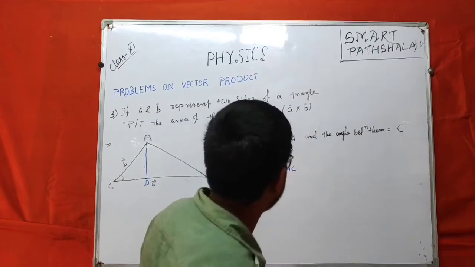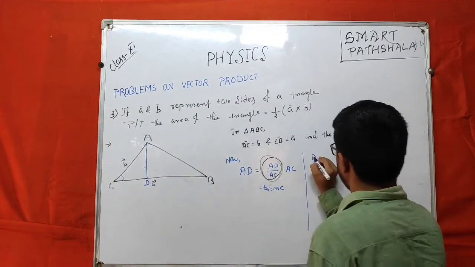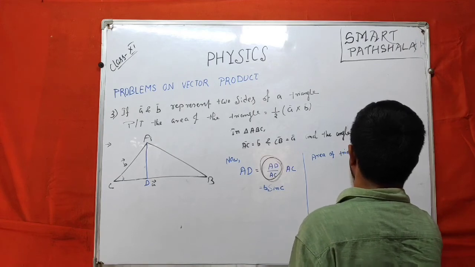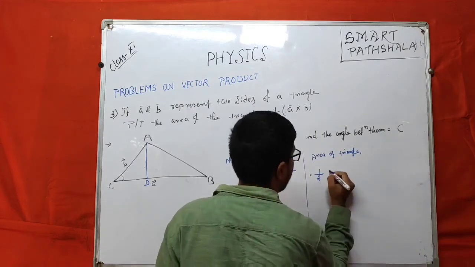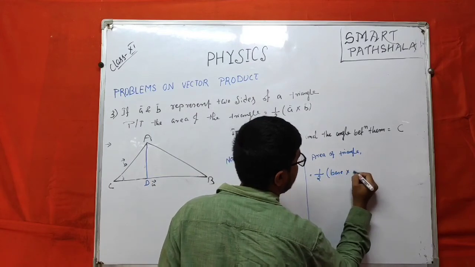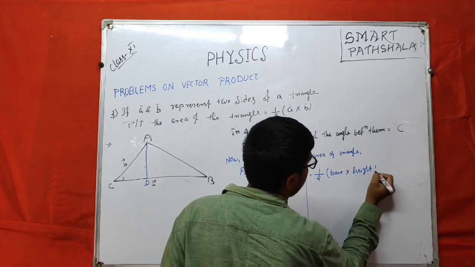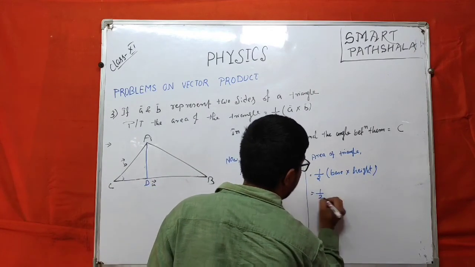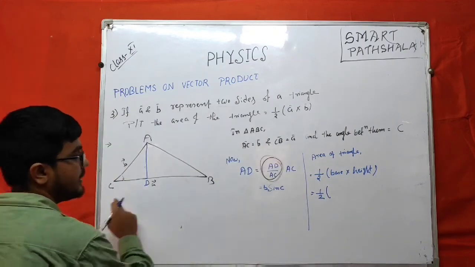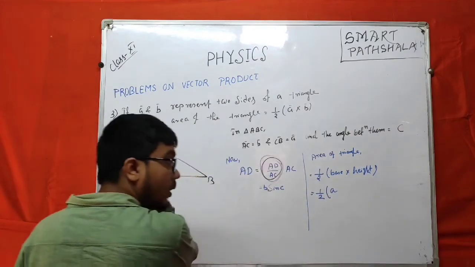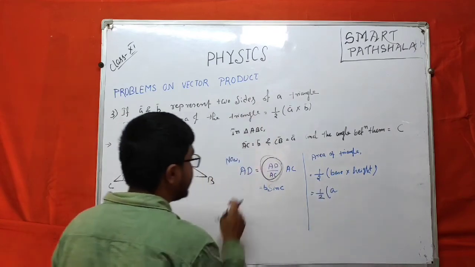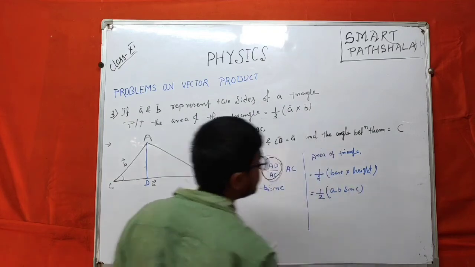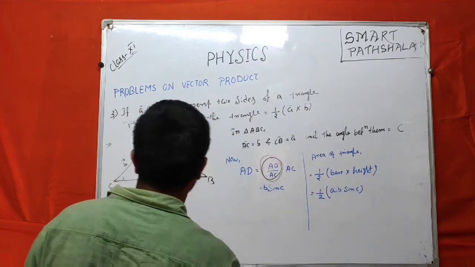Now, area of triangle equal to half into base into height. You know that. Half into, what is our base? That is A. Okay. What is our height? Height is AD. Value of AD is B sine C. Okay.